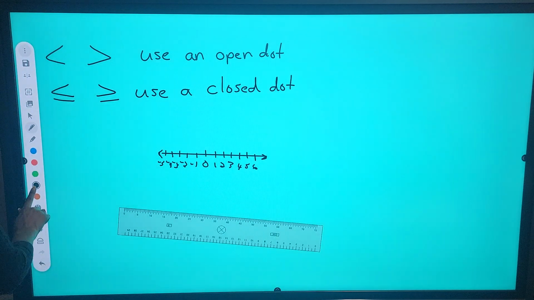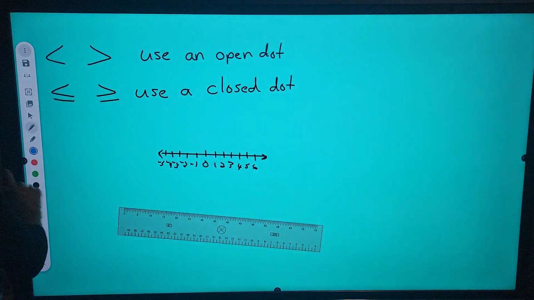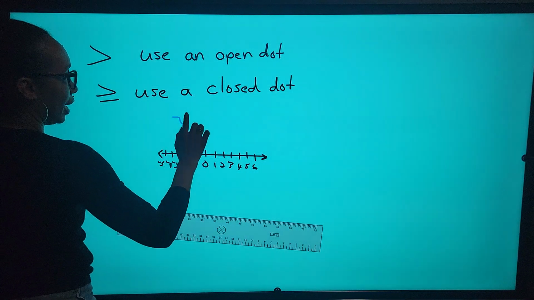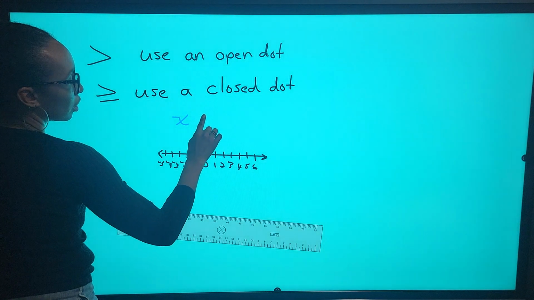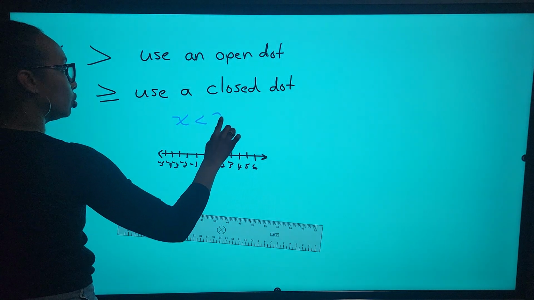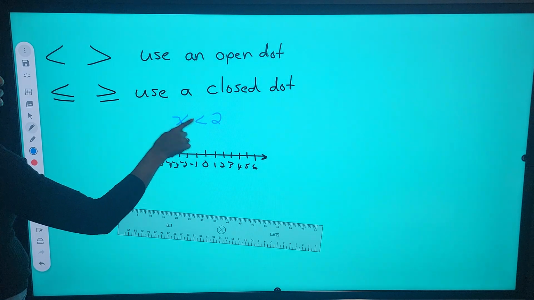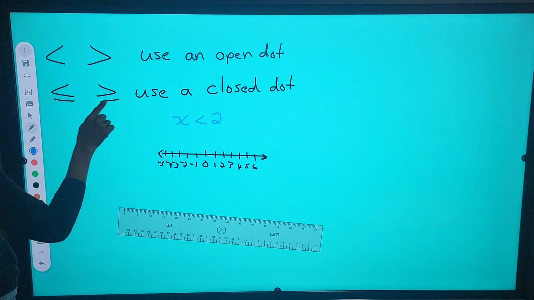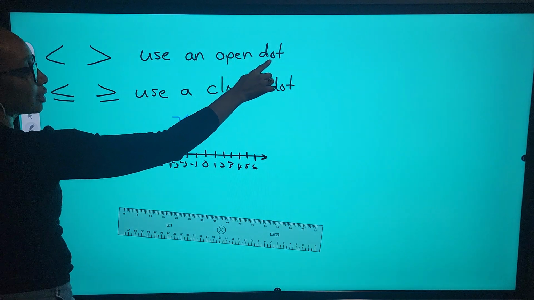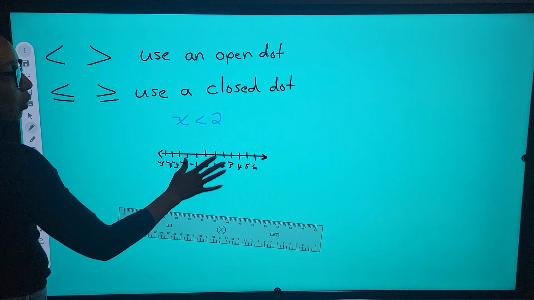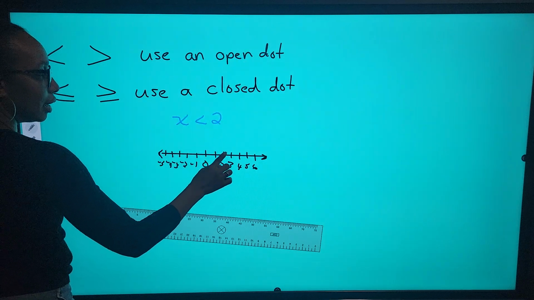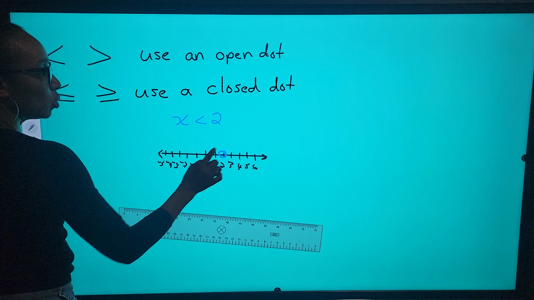And let's say we had the inequality that says x is less than 2. All right? Because it's less than, it doesn't have an equal sign to it, we're going to use an open dot on the number line. So I know the value 2. It's not actually going to equal 2.